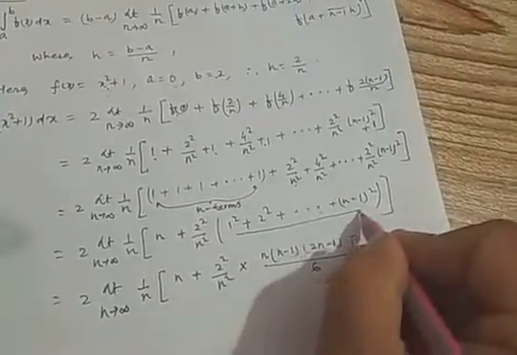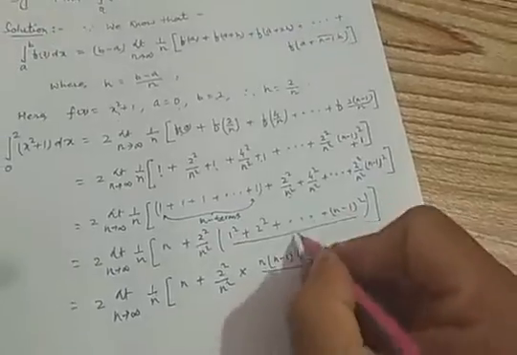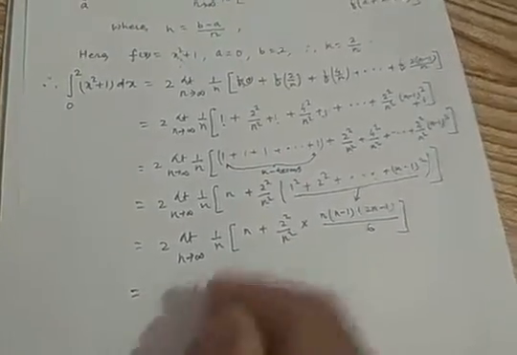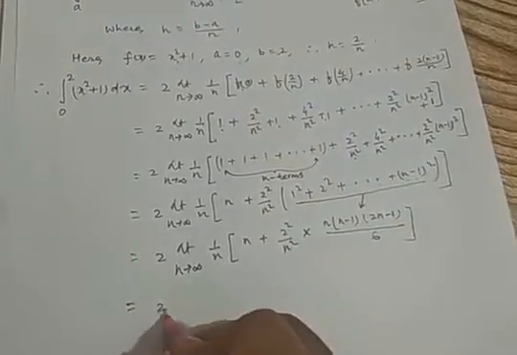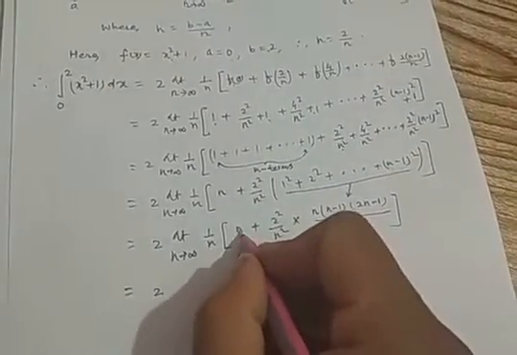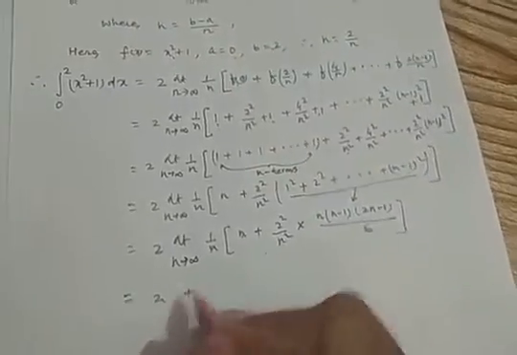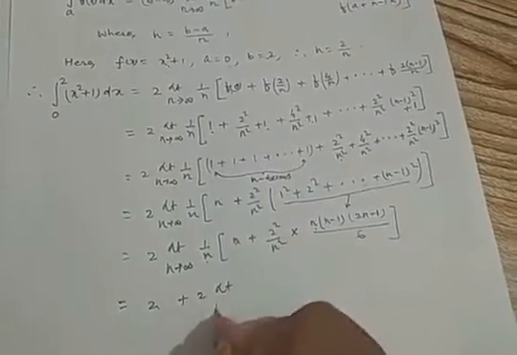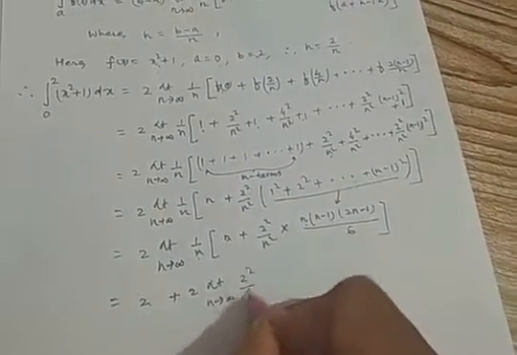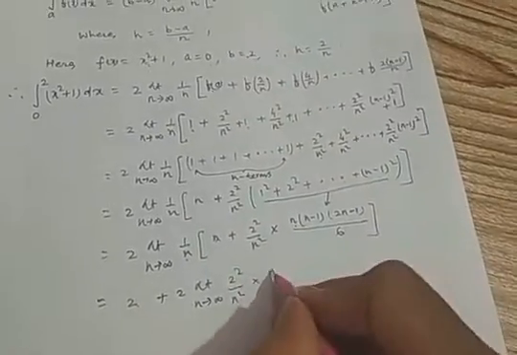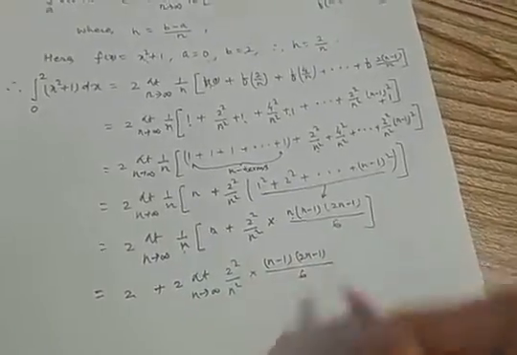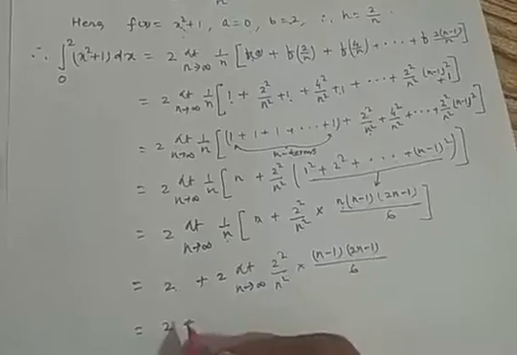Okay, this part reduces into this term. Opening the bracket, students, here will be 2, and this n and this n will be cancelled. That means 2 limit n tends to infinity 2 square upon n square into (n minus 1) into (2n minus 1) upon 6, equal to 2 plus 2.